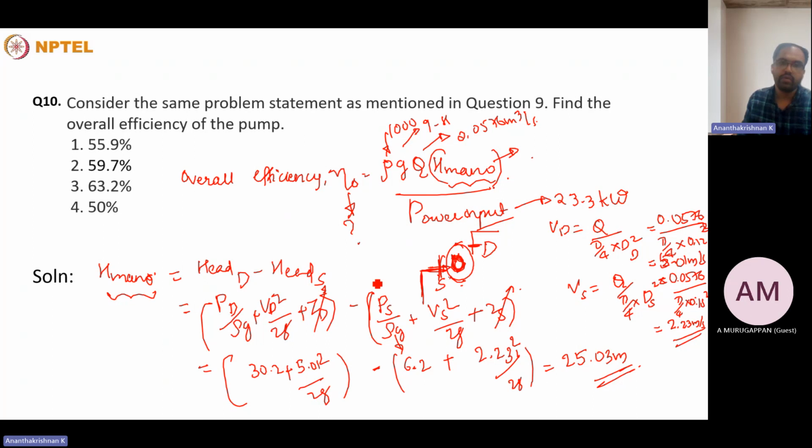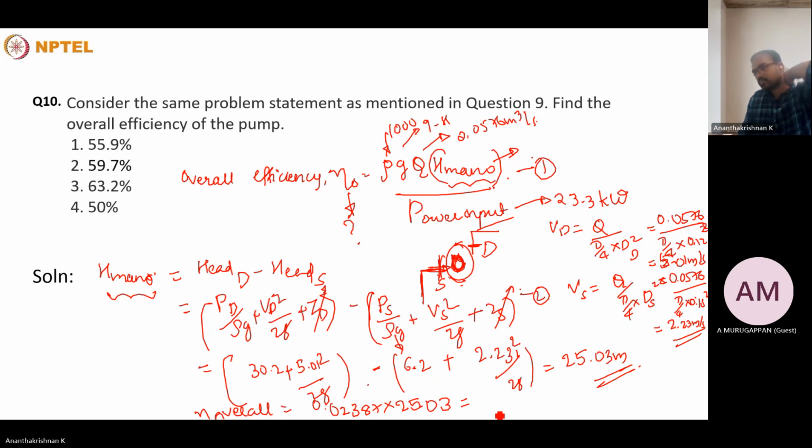Substituting this value in the overall efficiency equation, we get the overall efficiency, eta overall, equal to 0.023 divided by 25.03, which comes around 59.7%.